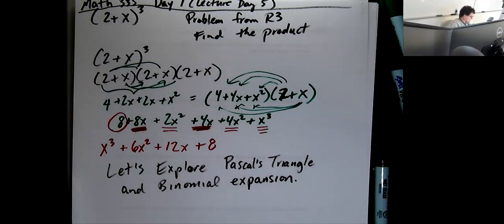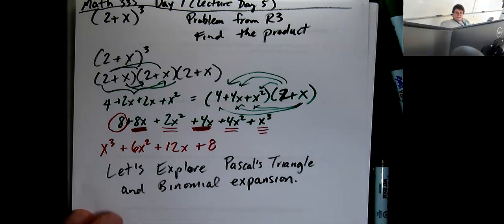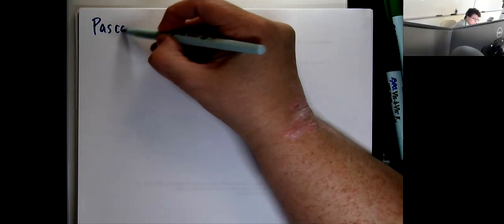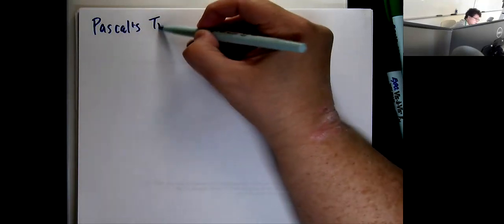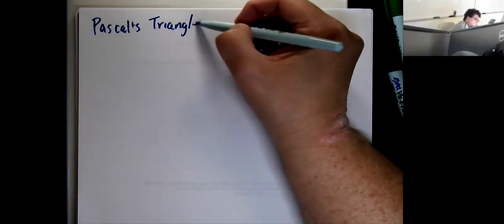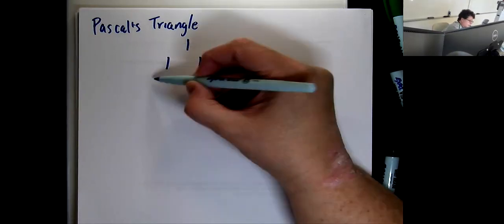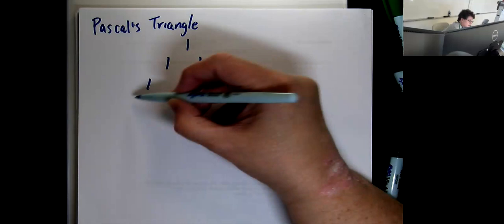Let me write up a triangle. So this is how Pascal's triangle works. We start with a 1 on top. And the sides of the triangle going down the left and the right have 1s.